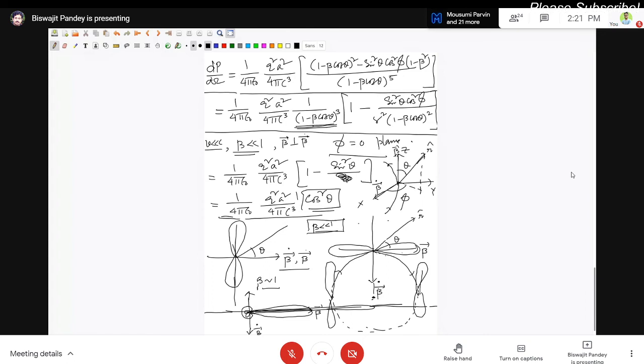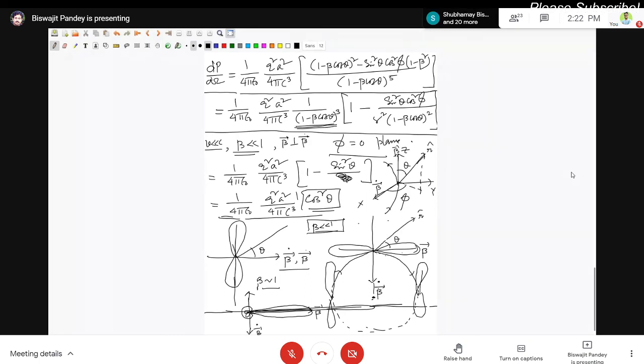Then 1 minus 0.99, with cos theta equal to cos 0 equal to 1, is how much? It is 0.01 cubed, which is 10 to the power minus 6. That is in the denominator, so going up it will be 10 to the power 6. So what is happening effectively?